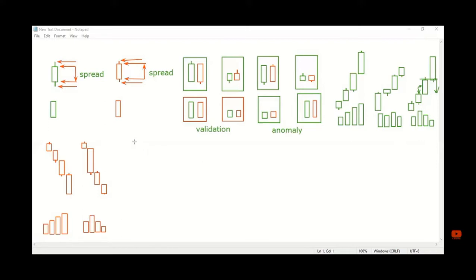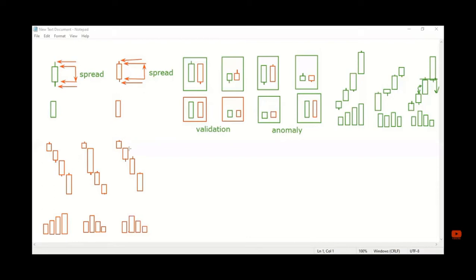And when the market creates this type of situation, that first candle, second candle, third candle, and the fourth candle. When volume, this one, first candle, second candle, third candle, and the fourth candle.